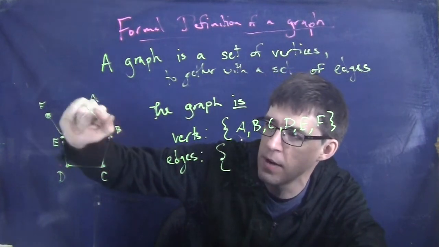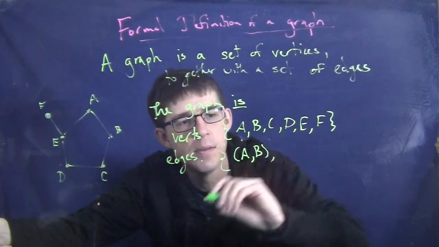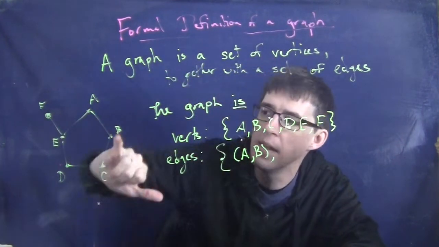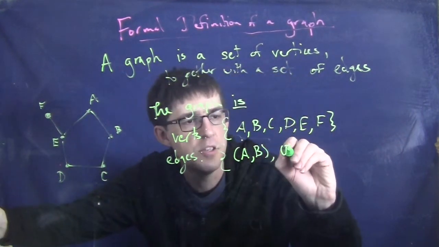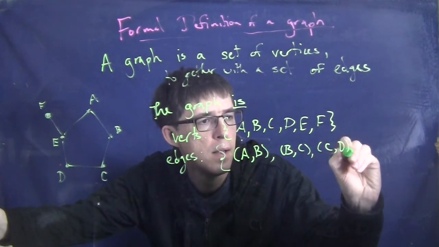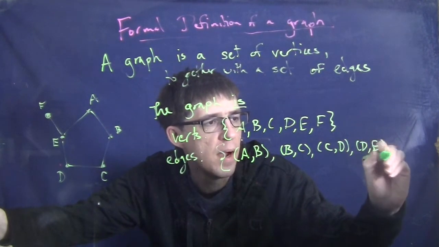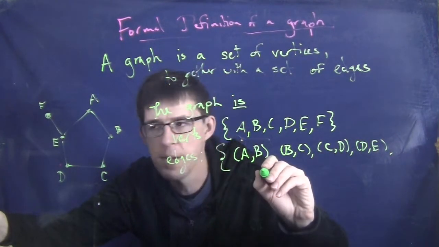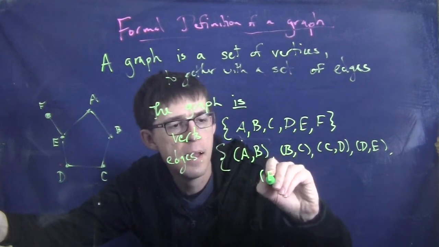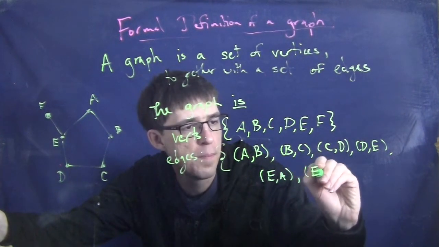So this edge right here from A to B, I'm going to write as the pair A comma B. That's the first edge, from A to B. And then I also have the edge from B to C. You just have to write them all down. Then I have C to D. These are pairs. Then I have D to E. I also have, I'm going to go down here because I'm out of room, E to A. And finally, one more edge, E to F.